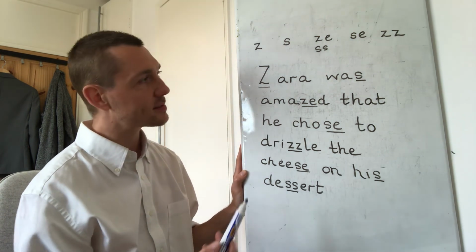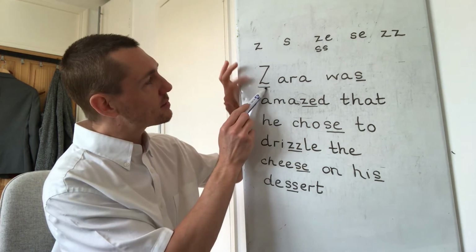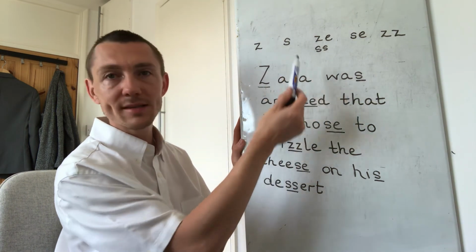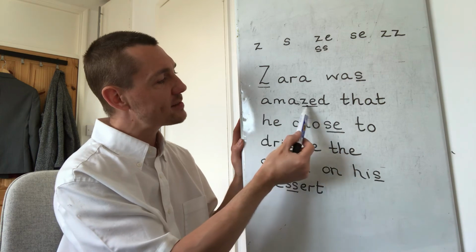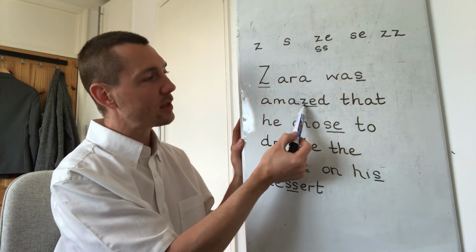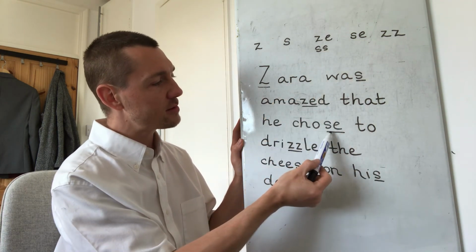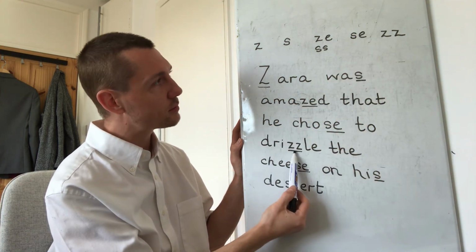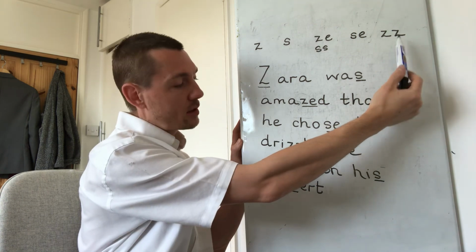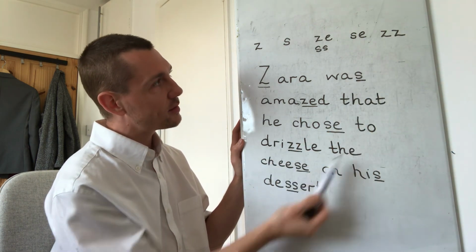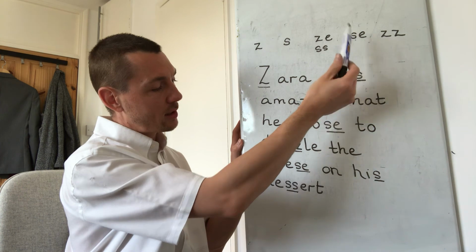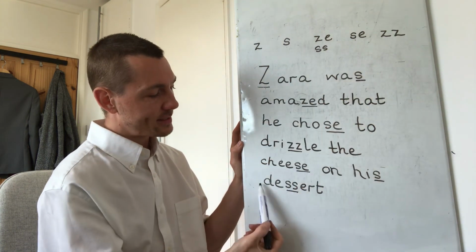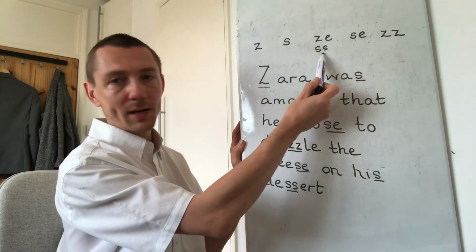Let's see what Z spellings we've got. Zara with a Z, was with an S spelling, amazed with a Z-E spelling, that he chose with an S-E spelling, to drizzle with a double Z spelling, the cheese, back to the S-E spelling, on his with an S spelling, dessert with that double S spelling.